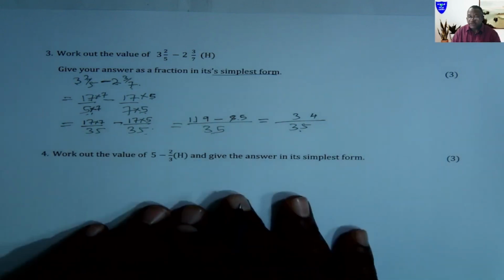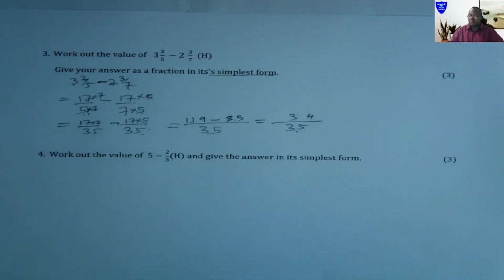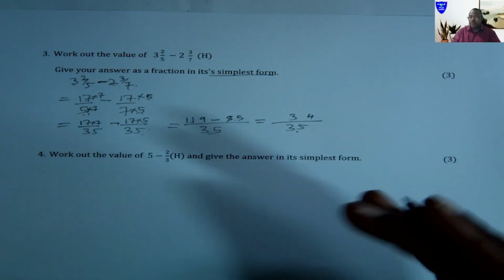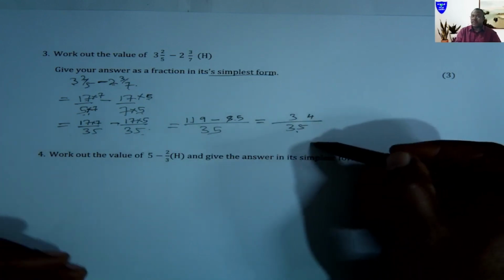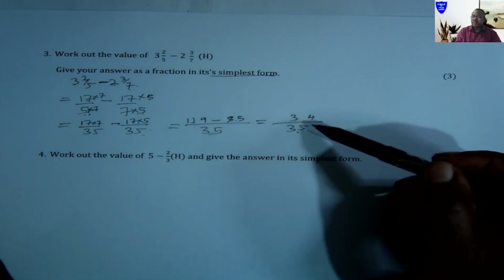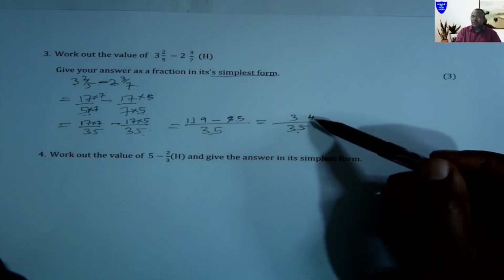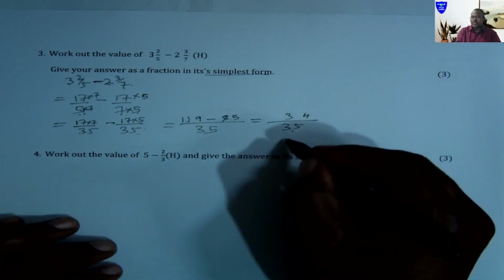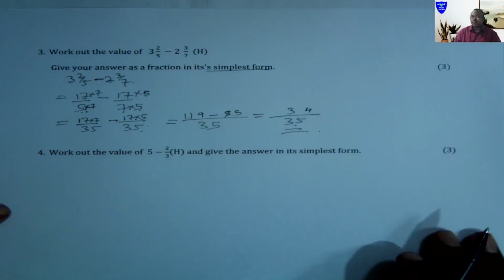In this case, guys, as you can see, there isn't any way we can simplify this any further because we don't have a factor that can divide 34 and 35 exactly without leaving a remainder. So this is the simplest form.